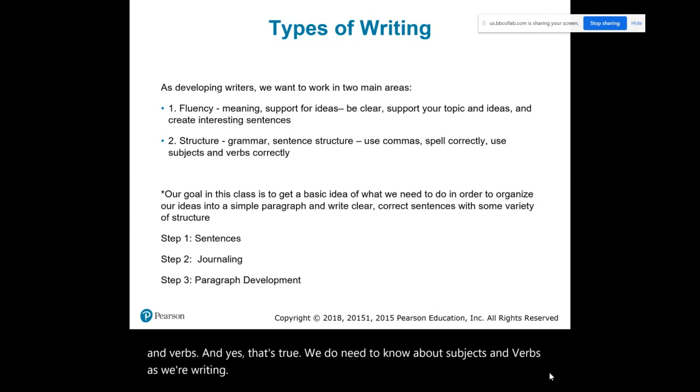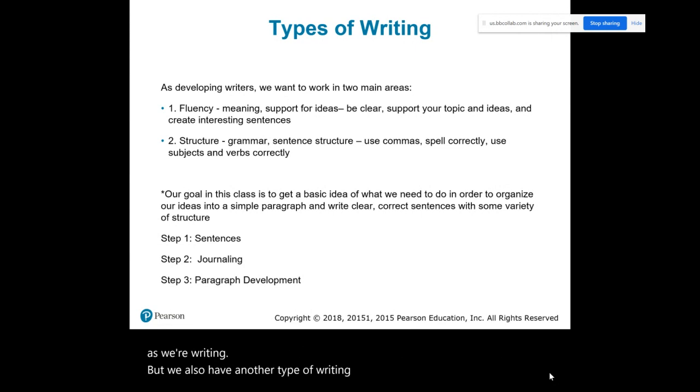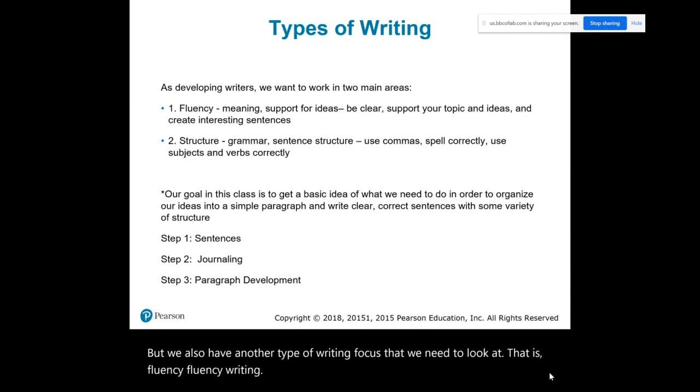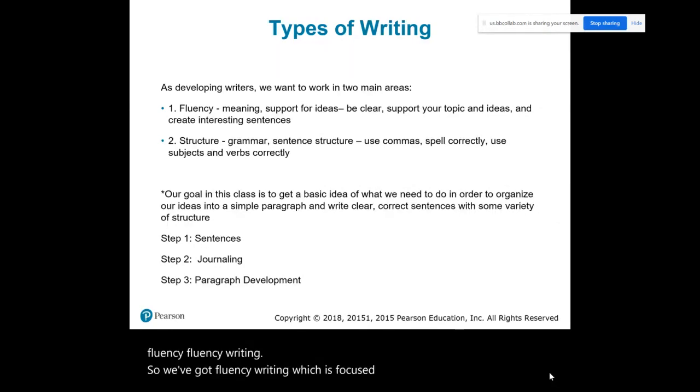But we also have another type of writing focus that we need to look at, and that is fluency writing. So we've got fluency writing, which is focused on the meaning of what we're writing and our support and how much examples and support that we give for our ideas. This is very important when we're writing.